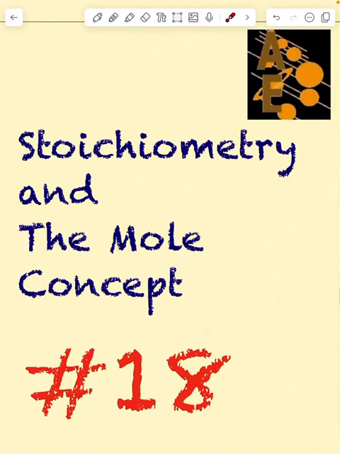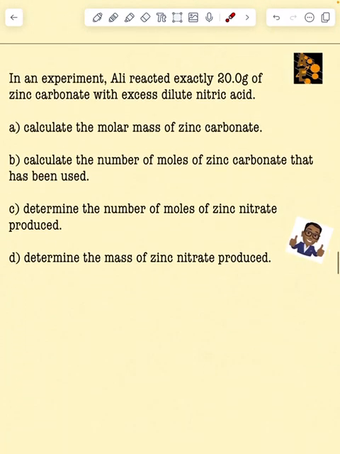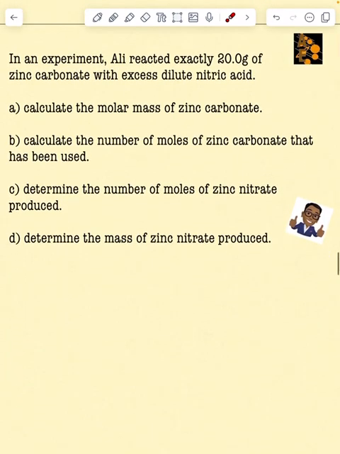We will do more concept calculation today. We have a very interesting question here by my student. We have an experiment. They reacted 20 gram of zinc carbonate with excess dilute nitric acid. You are required to calculate the molar mass of your zinc carbonate.